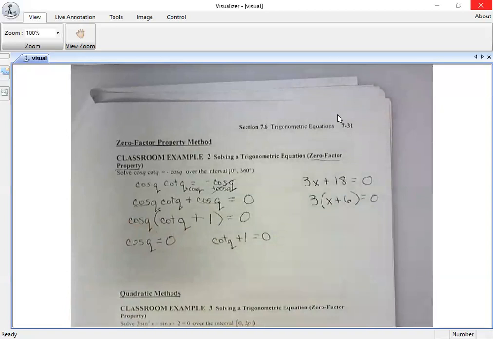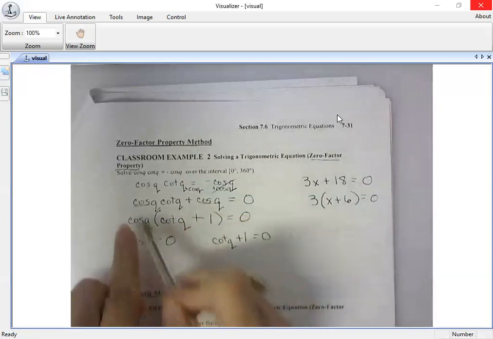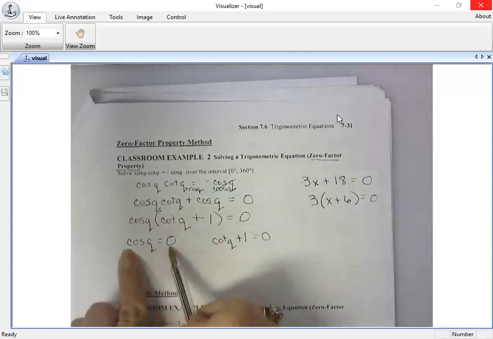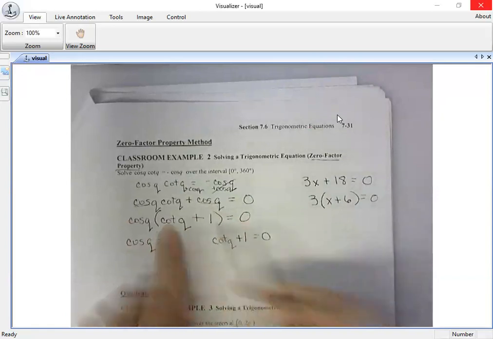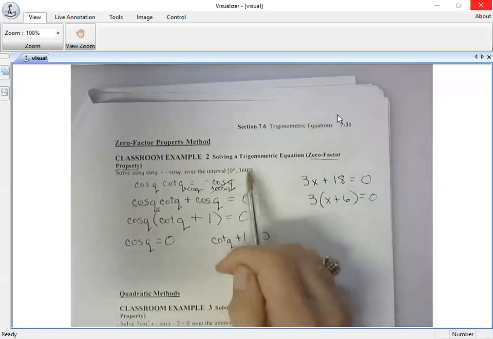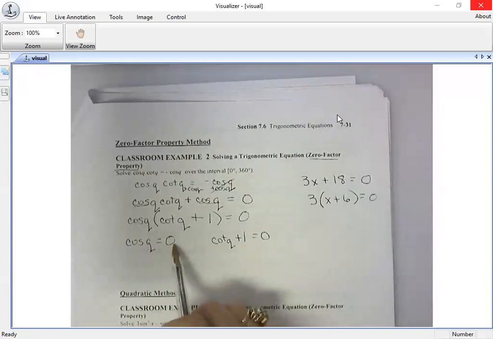Now, I have to recognize if this times this equals 0, either my common factor, which was cosine of angle Q, has to equal 0, or my parentheses has to equal 0. Okay, so far so good now? Good deal. Okay. Can you tell me between 0 and 360, when would the cosine give me a ratio of 0? What would probably be the easiest way for me to figure that one out?